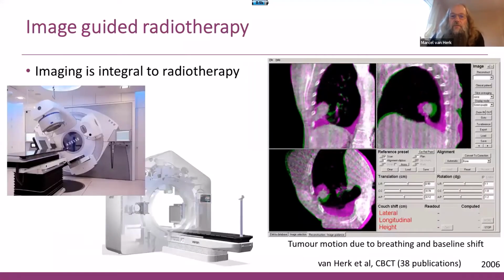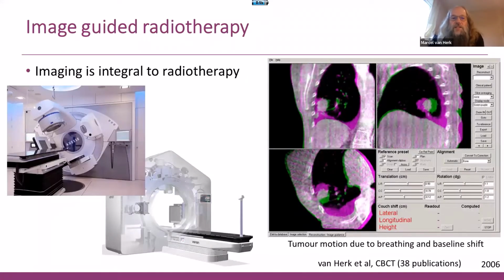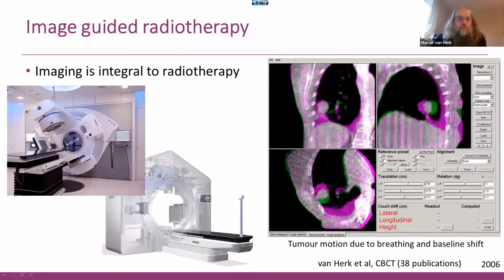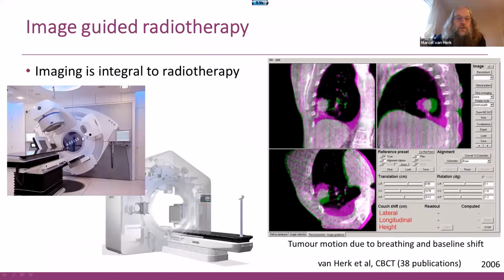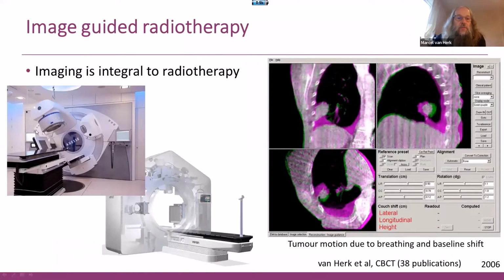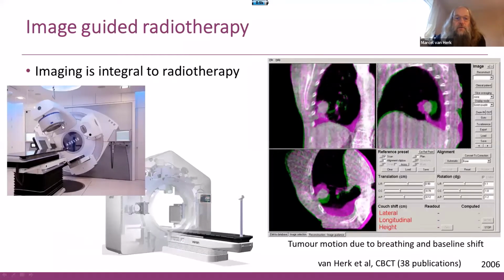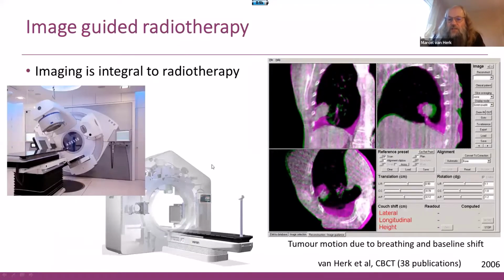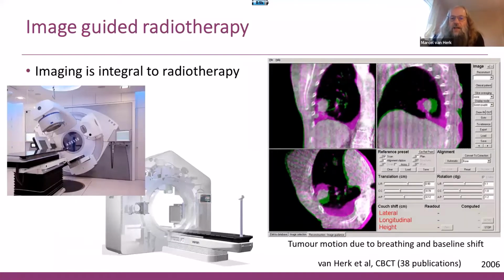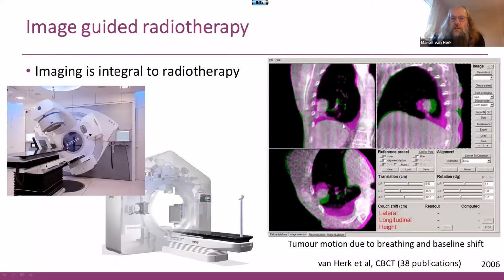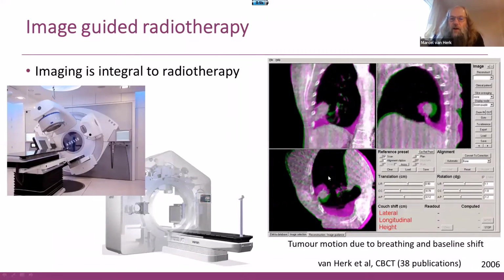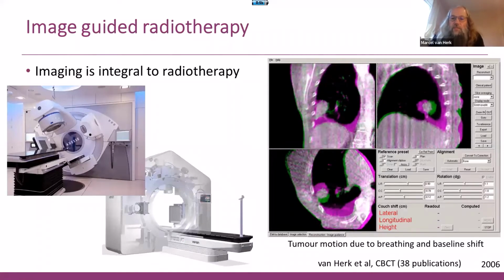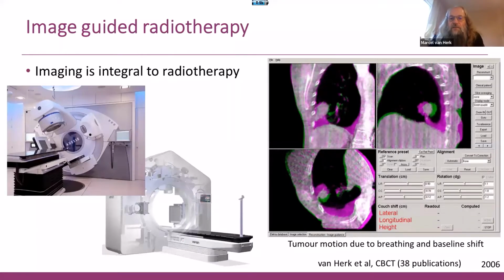Another thing that I've worked on is cone-beam CT image-guided radiotherapy. Basically, all modern treatment machines have a built-in X-ray tube and flat panel imager. And if you rotate around the patient, you can make a 3D or 4D representation of the patient. And this picture shows you a movie loop of a patient imaged twice with a couple of days apart on different fractions.